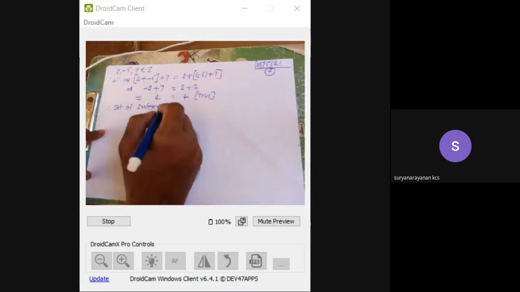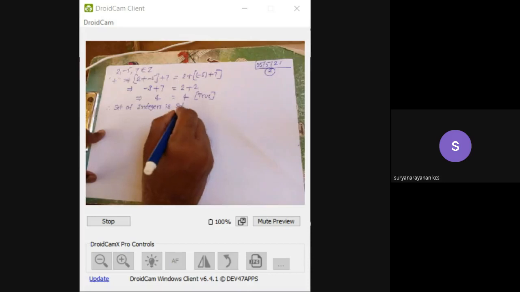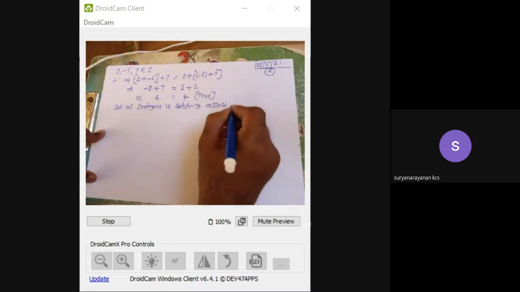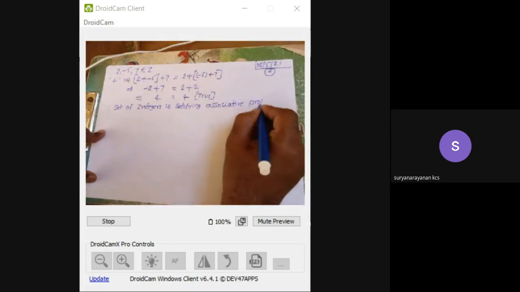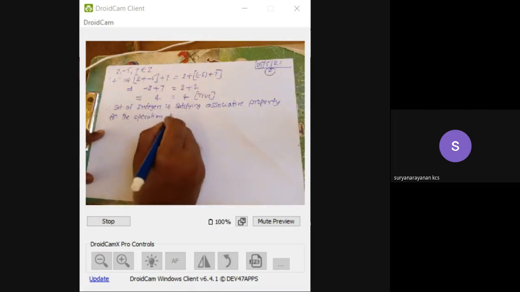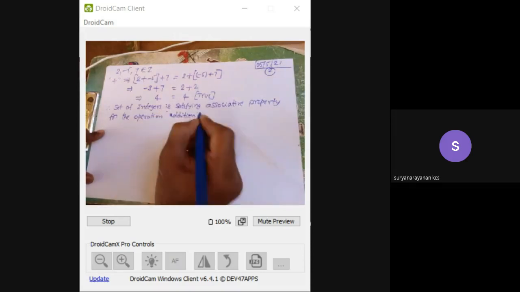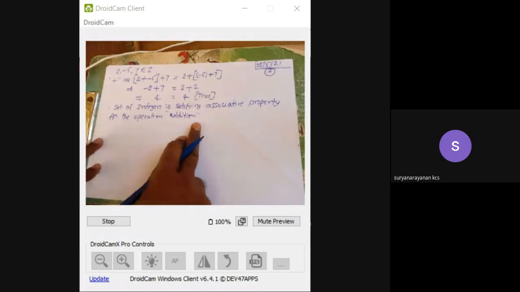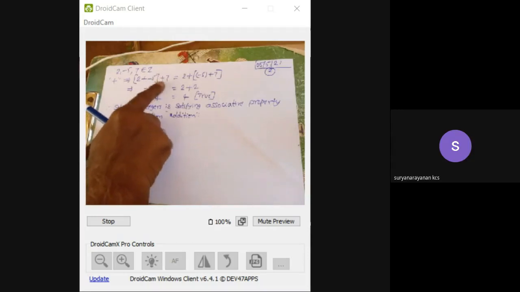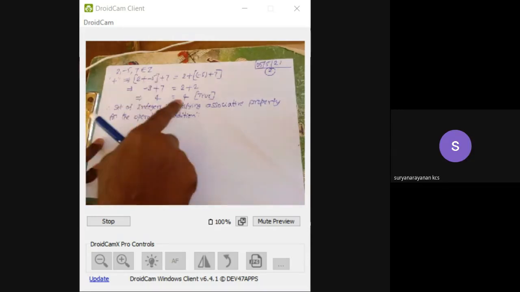The set of integers satisfies the associative property for the operation addition. Is this point clear, my children? Yes, sir. Here we checked whether the operation addition is associative or not for the set of integers, and we got a true statement.